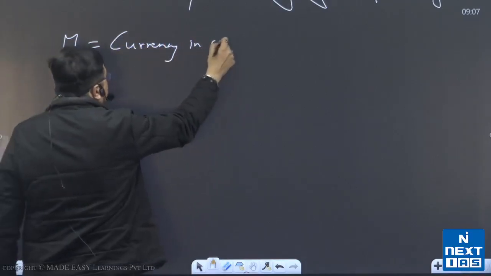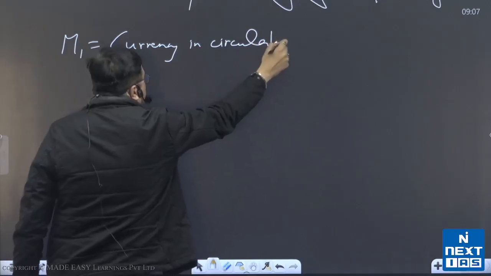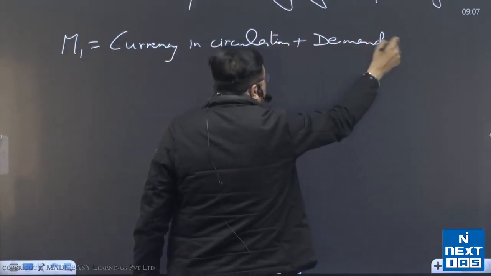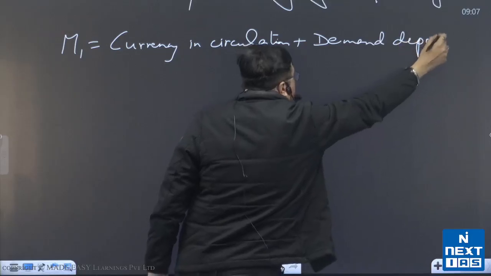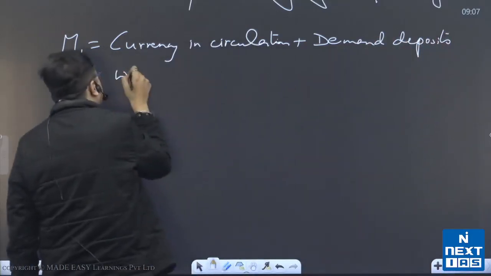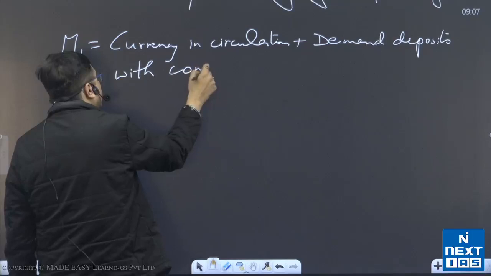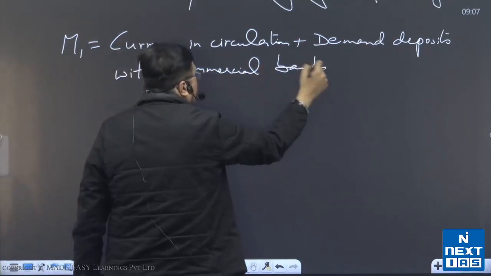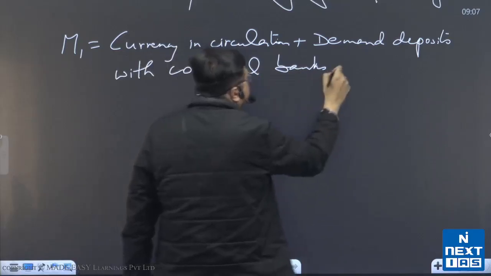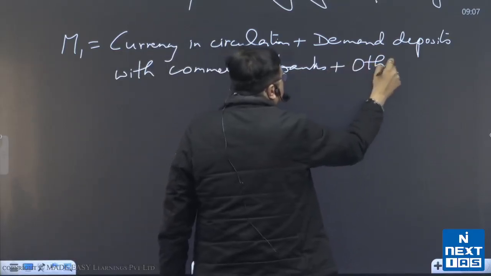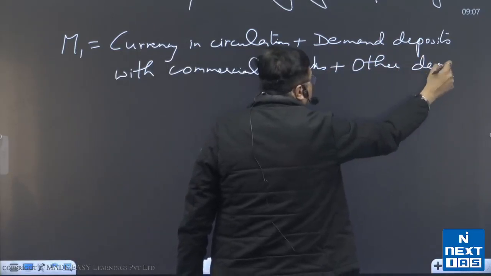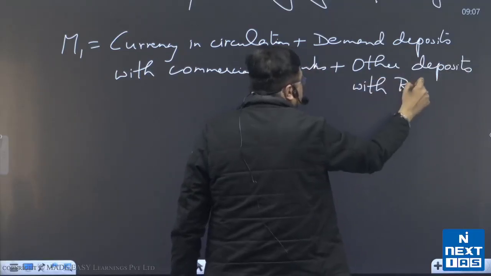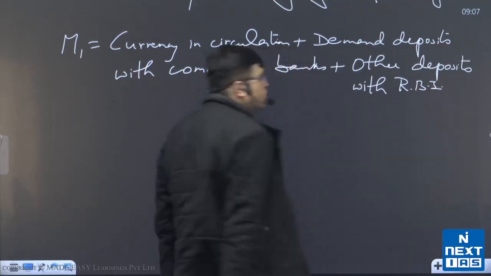This is currency in circulation plus demand deposit with commercial banks plus other deposits with RBI.